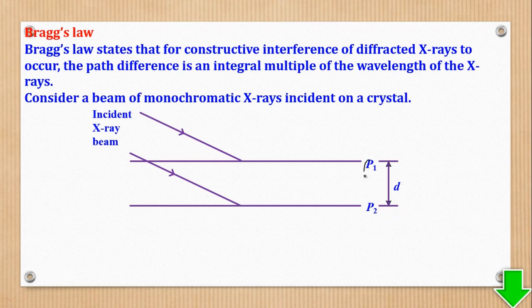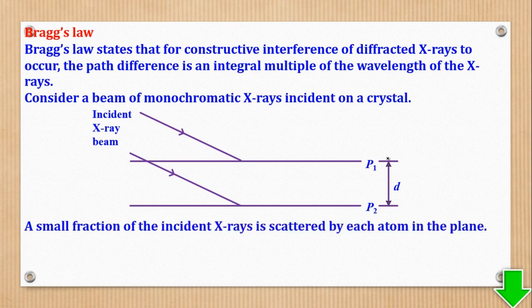These are two adjacent planes, P1 and P2, separated by distance d. A small fraction of the incident X-rays is scattered by each atom in the plane. So this is the reflection now.